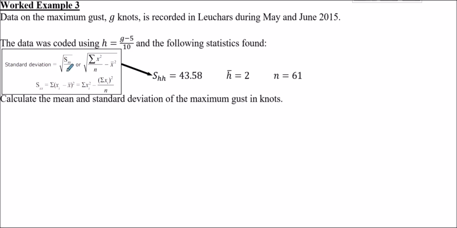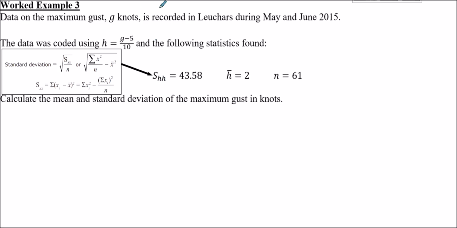This has been taken in this little box from the official data sheet and formula booklet you'll be given in the exams. So sometimes you can have bivariate data where there's more than one variable. So the fact it's subscript with the same letter is just denoting that the only variable here we're talking about is h. Not, for example, h and g or x and y. It's just h in this case.